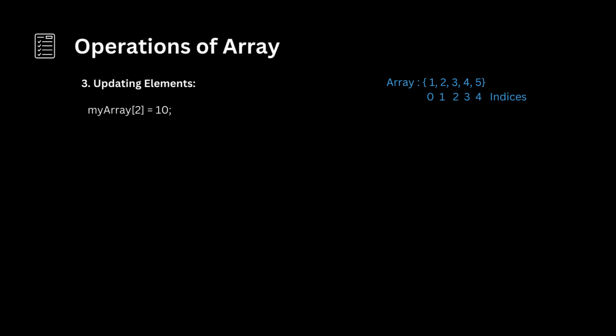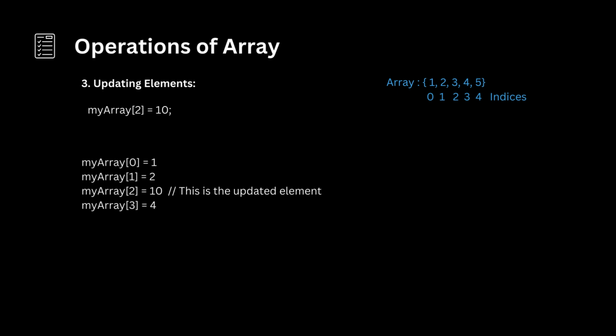If we consider the array, myArray[0] will be 1, myArray[1] will be 2 and myArray[2] will be 10. This is the updated element. myArray[3] is 4 and myArray[4] is 5. After this line of code, the value of the third element in the array has been updated to 10. In summary, this line of code modifies the value of the third element in the array at index 2 and sets its value to 10.